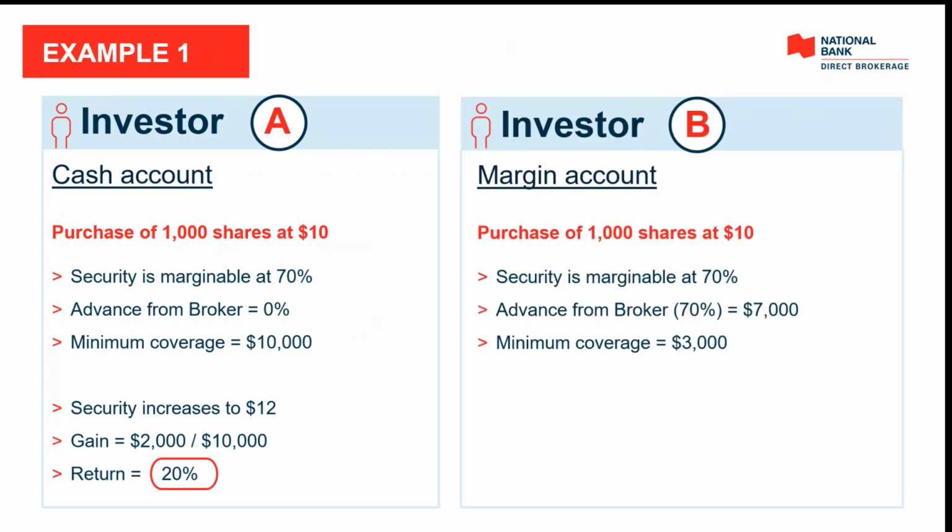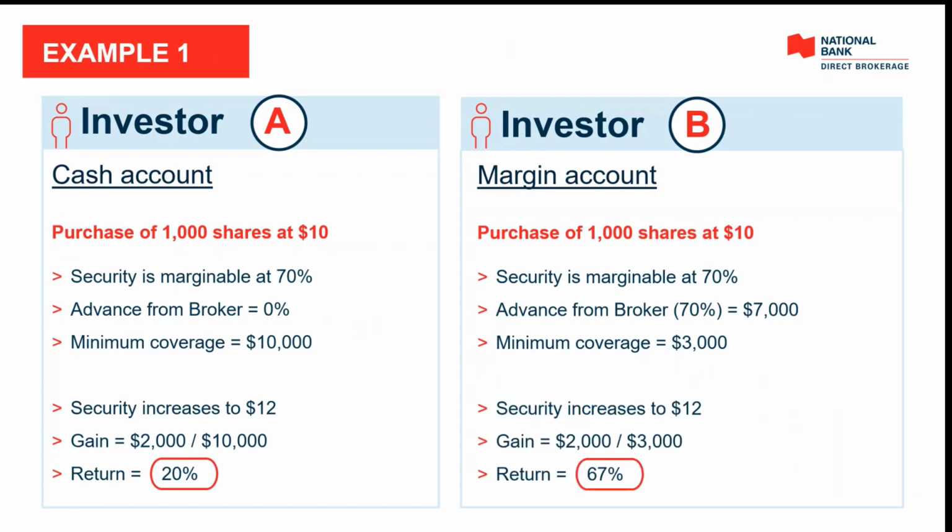In the case of Investor B, who purchased 1,000 shares on margin, the broker has advanced 70% of the transaction value, so $7,000, and the minimum margin required for the client is 30%, so it's $3,000. The stock also increases to $12, and the profit is also $2,000, but because of the minimum coverage of $3,000 that the investor deposited, the return is 67%. This is a great example to illustrate the use of leverage.